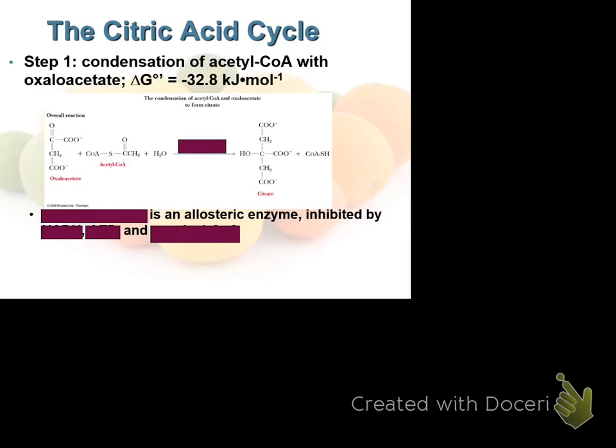Do we have the stuff there for it to be a dehydrogenase? No. Is it a kinase? No. So what else could it possibly be besides solely being an acetyltransferase? What are we doing here? We start with oxaloacetate and acetyl-CoA, and we make citrate. Synthase. And so this is citrate synthase.